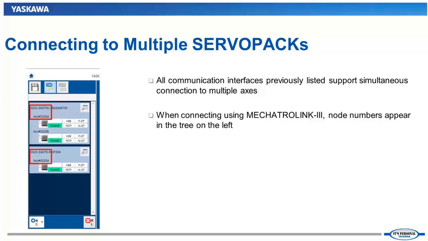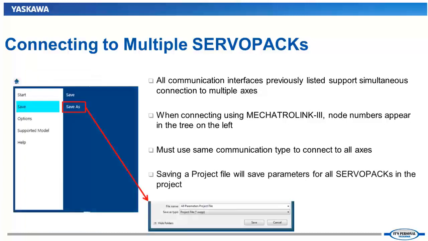So it's kind of a handy way to know which axis is which. You have to use the same connection method to connect to the SERVOPACKS. You can't do 3 axes over MECHATROLINK and 1 axis over USB. It has to all be the same communication style.